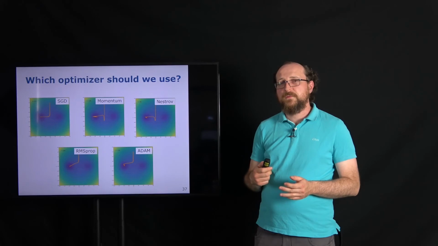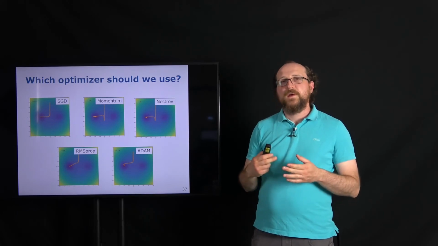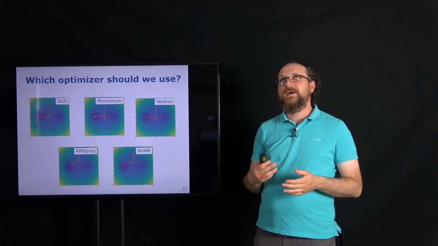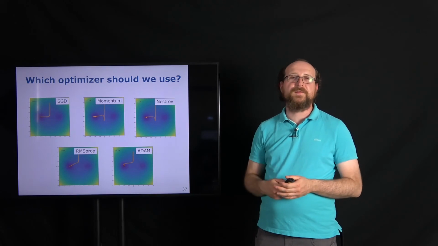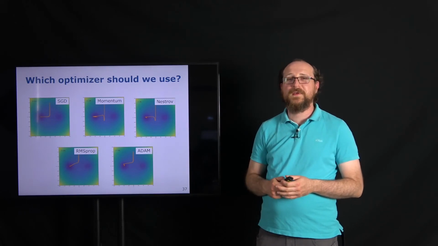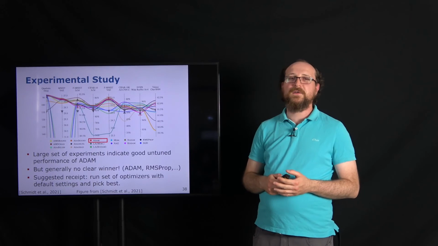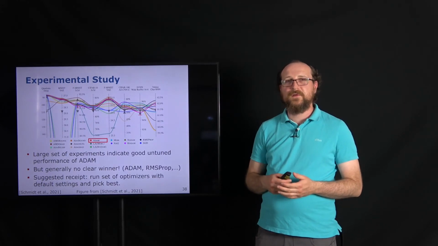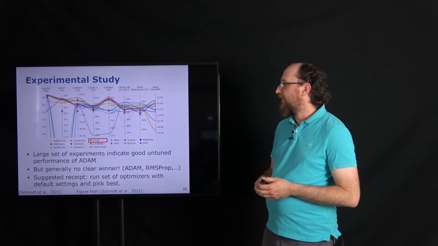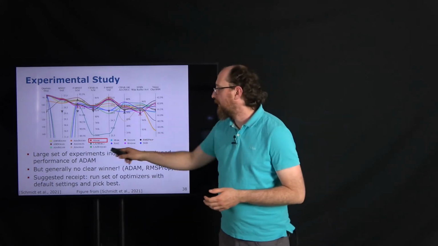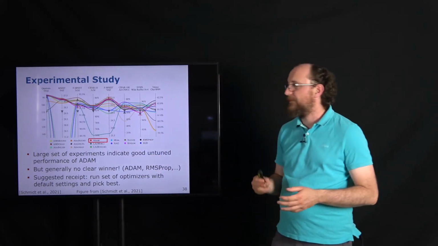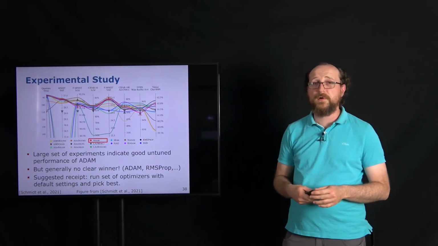To provide some insights about this, researchers did an experimental study about the different variants of optimization methods, so far more than we discussed here, but we discussed basically the most important ones.